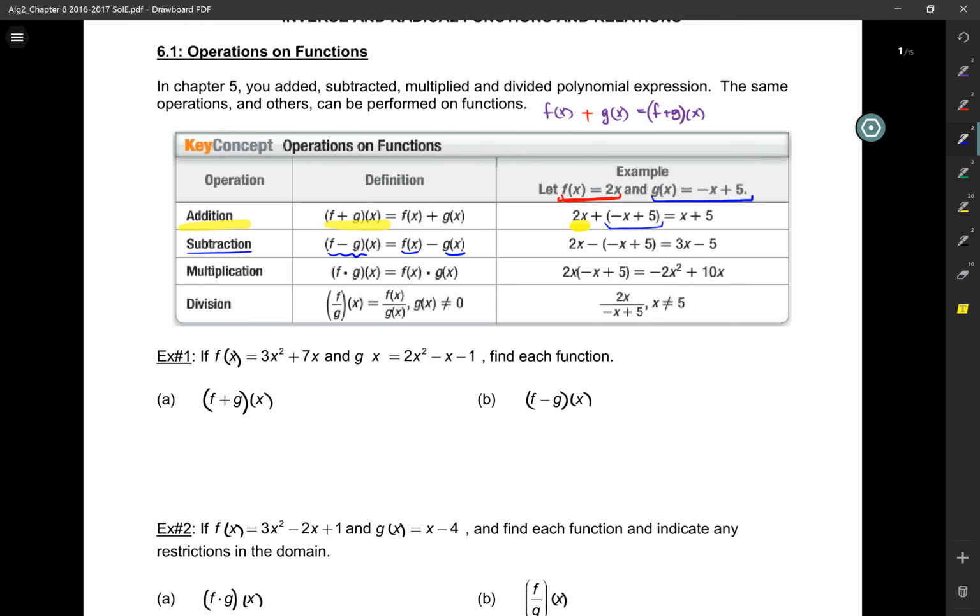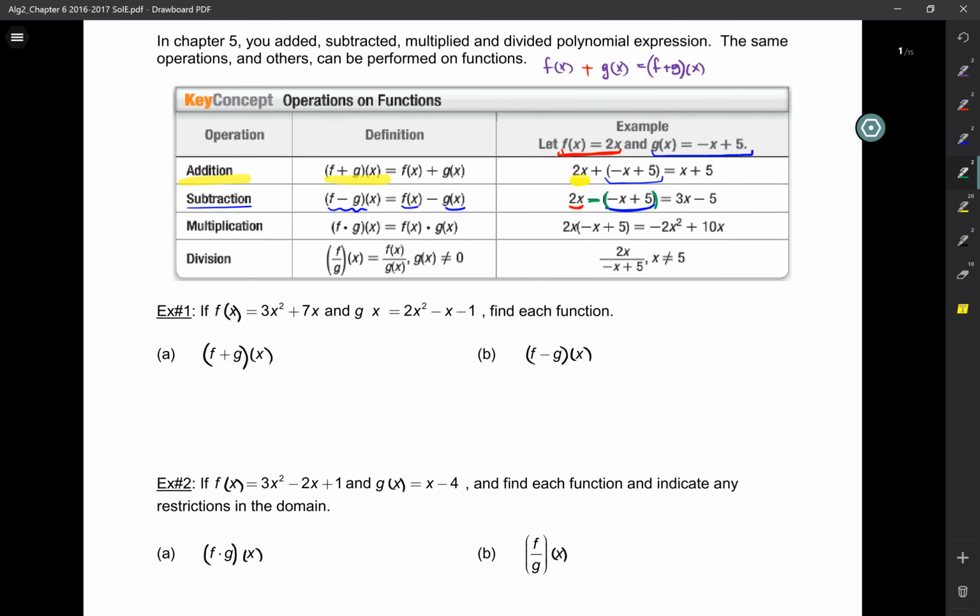So if you want to do f of x, which is 2x, minus g of x, which is this, the trick is you've got to put parentheses around it when you're subtracting, because it's a whole quantity that's being subtracted. Do you absolutely need the parentheses when you're adding the two functions? No.